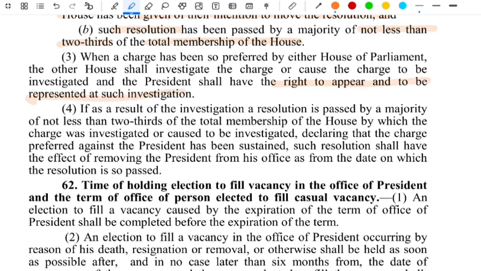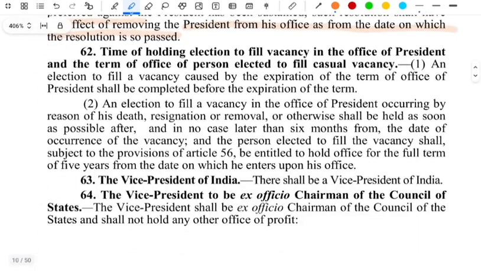If as a result of the investigation a resolution is passed by a majority of not less than two-thirds of the total membership of the House by which the charge was investigated, declaring that the charge preferred against the President has been sustained, such resolution shall have the effect of removing the President from office from the date on which the resolution is passed.